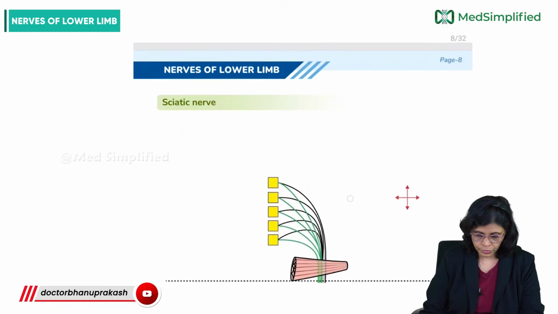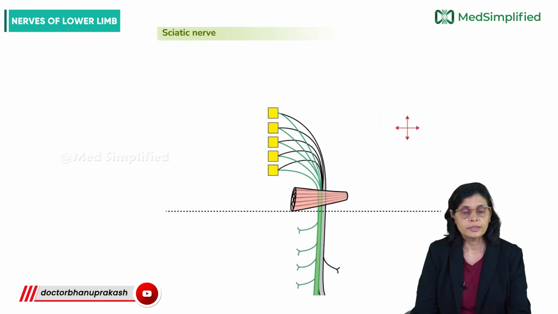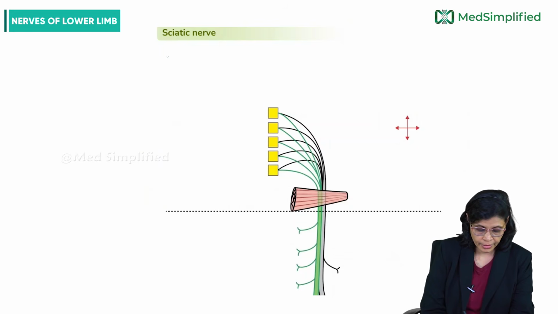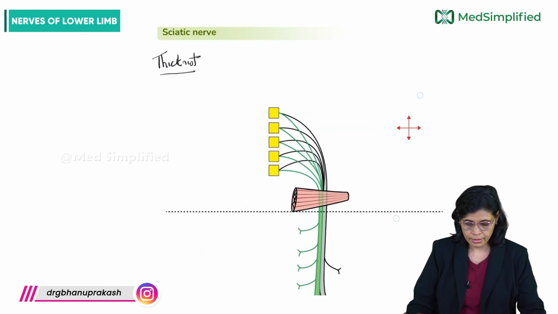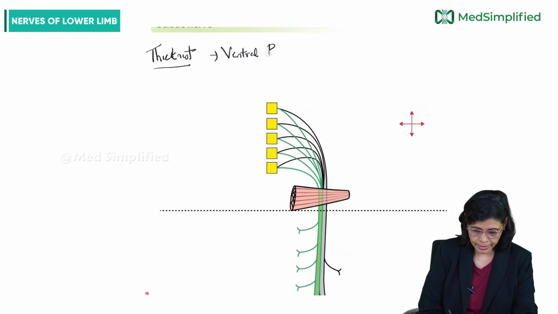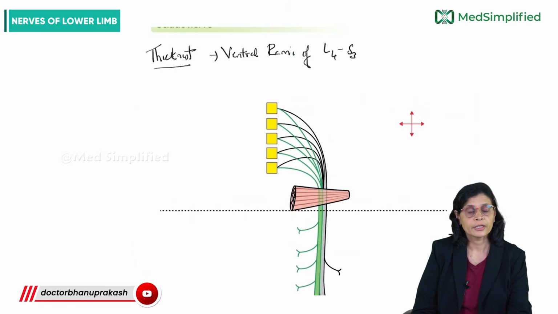So next we move on to the thickest nerve in our body, and that is the sciatic nerve. The sciatic nerve is the thickest nerve in our body. It is formed by the ventral rami of L4 to S3 spinal nerves.